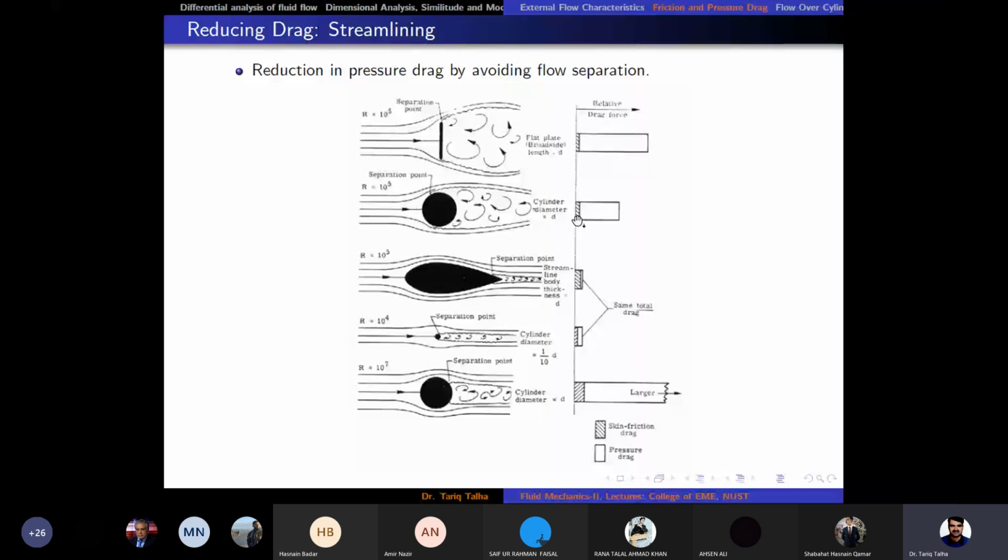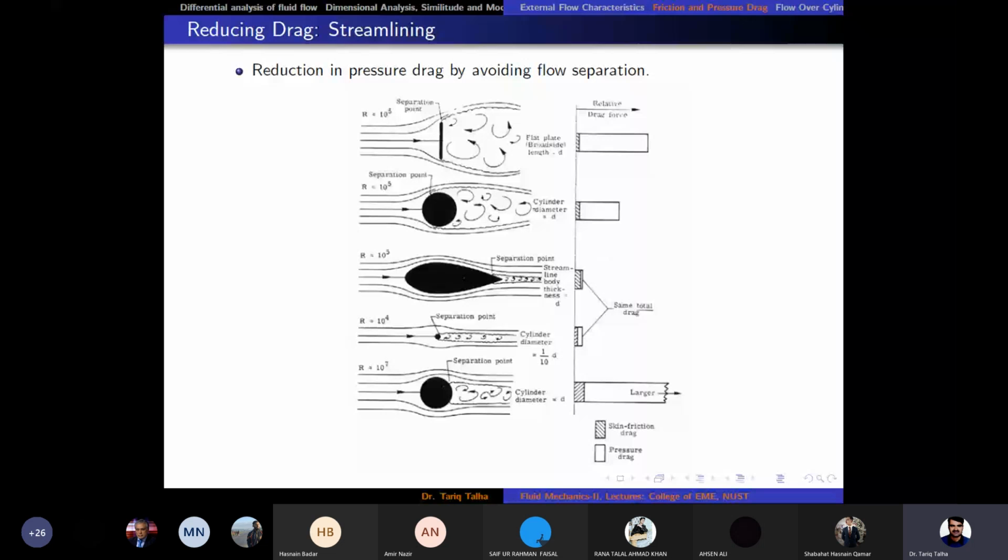Here the shaded region is due to skin friction drag, and the empty region is due to pressure drag. So you can see that in almost all cases, pressure drag is the major contributor to the total drag force. So we want to reduce pressure drag because that is very critical.